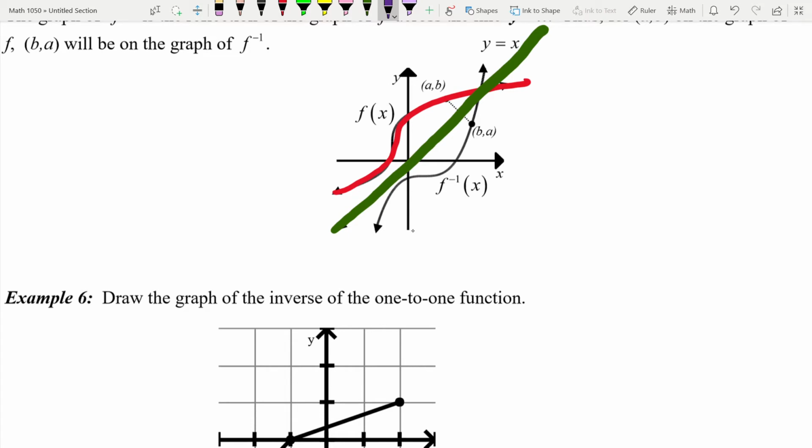So look what happens. See this part that's really close? It goes right there. See this part that's kind of far away? It goes right there. See this AB? It goes to BA. This is a big one. See the original red one where it hits the line y equals x? My inverse is going to touch that as well. And then you curve it in, and that's your inverse.